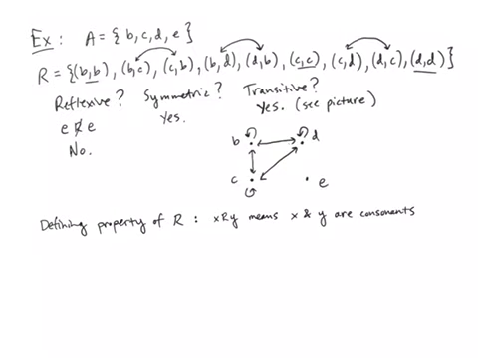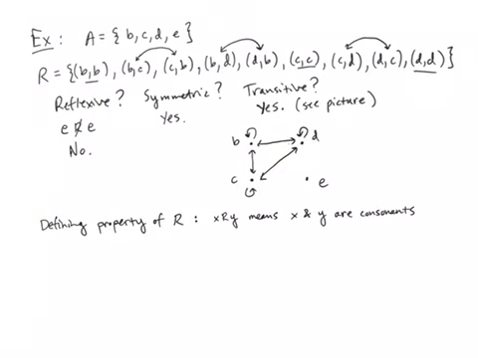So the only vowel in our set is E. So B, C, and D are consonants, and so we have all of the possible pairs that you can make with B, C, and D. BB, BC, BD, and the reverses of all of those, and CC and DD.